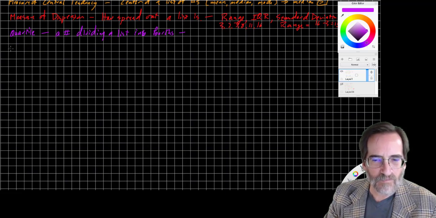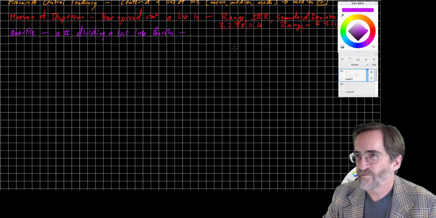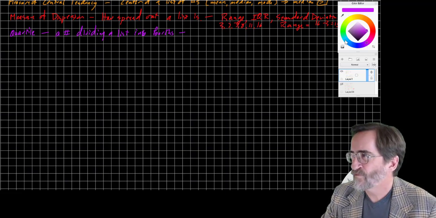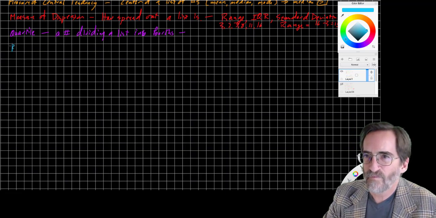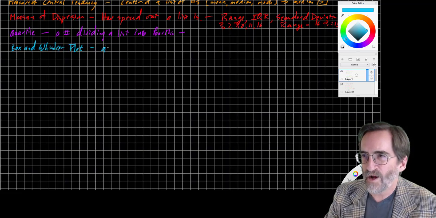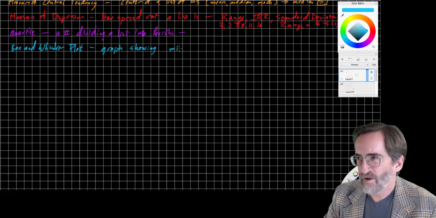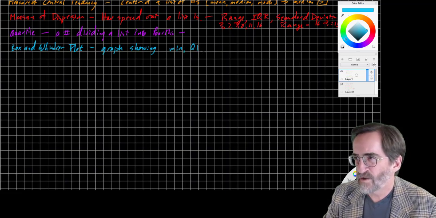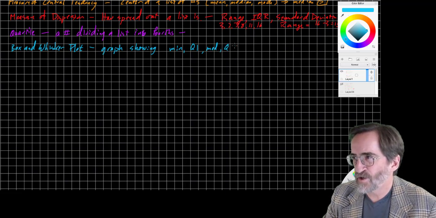Let's see, box and whisker plot: a graph showing min, quartile 1, median, quartile 3, and max.